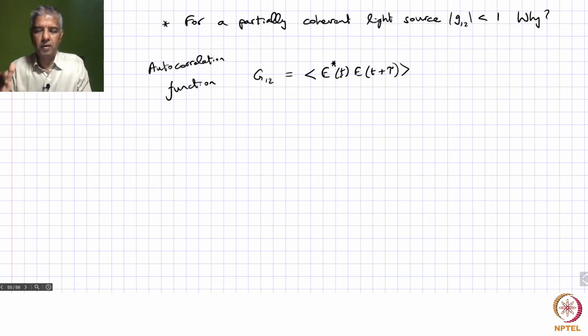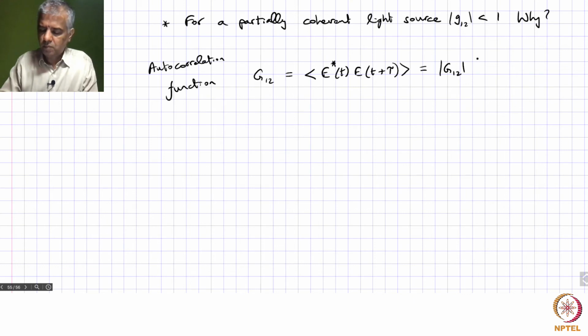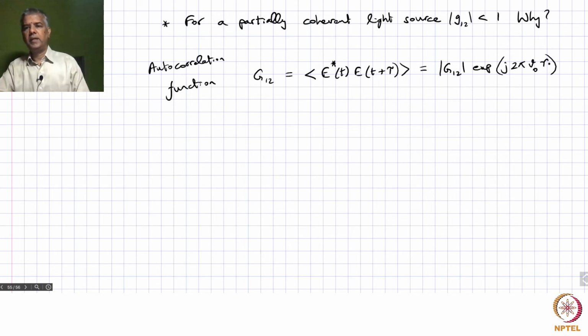So, because we are beating these complex fields, e power j omega t goes out, and what we essentially are observing, if we are making a measurement in the baseband, is that you can write this as magnitude of G12 multiplied by exponential of j 2 pi nu naught tau, where nu naught is the center frequency and tau is the delay between the two arms.